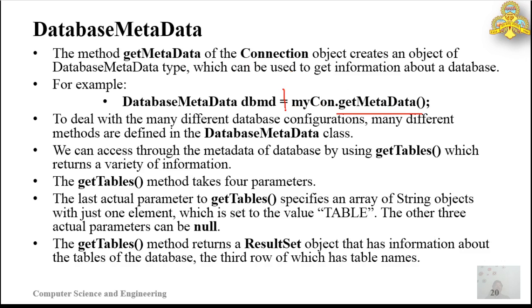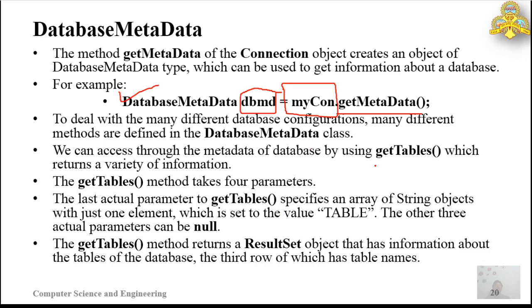Observe that con is an object of Connection, which contains database reference details. From that I will create metadata, and it is stored in the object dbmd, which is nothing but an instance of the DatabaseMetaData interface. From this onwards, we can get additional information, and it provides many useful functions.